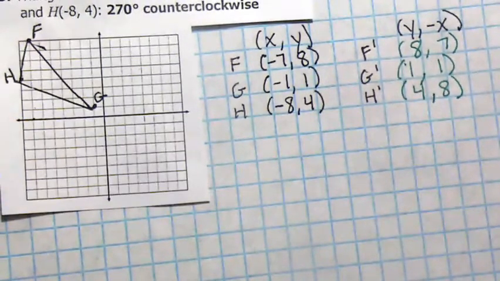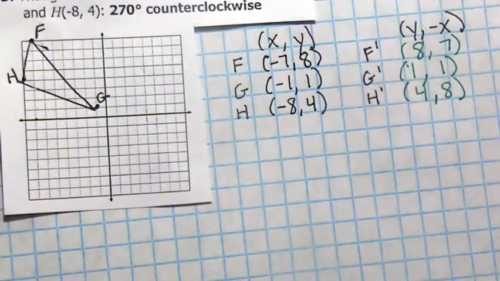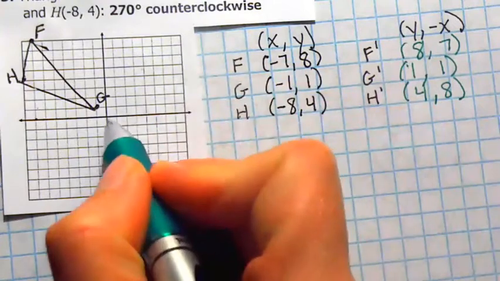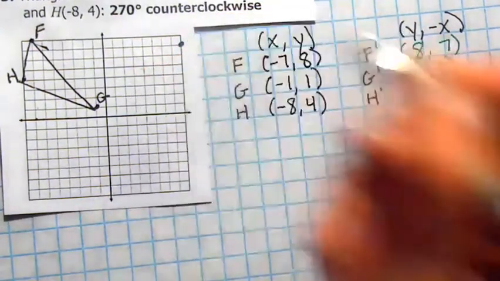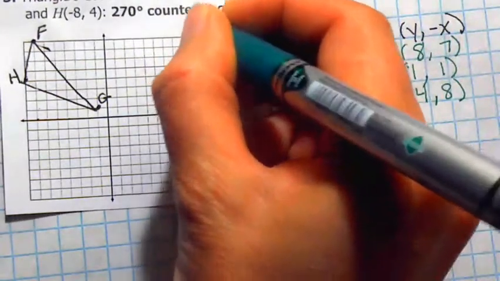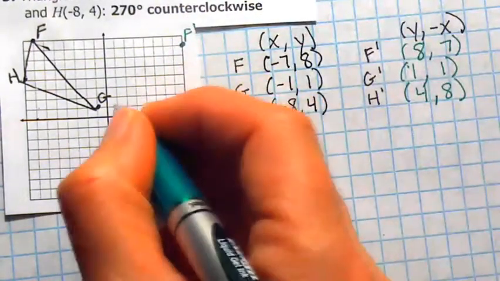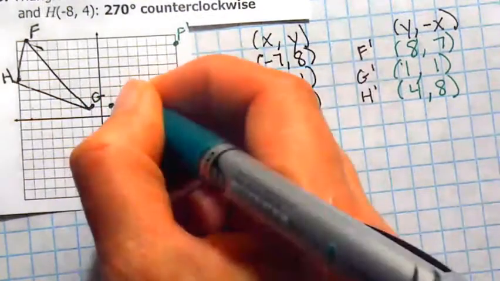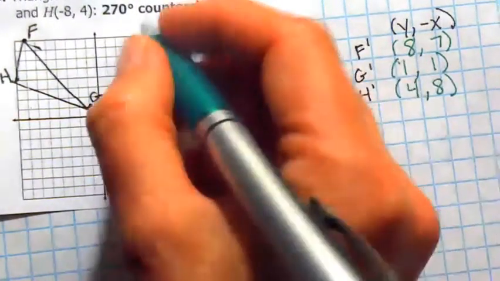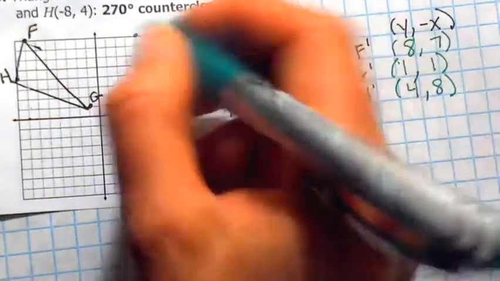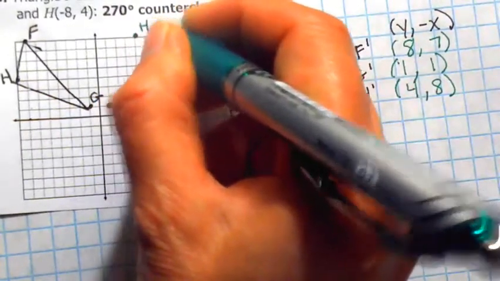So now I can go ahead and put it on my graph. I go over 8, up 7. That's my F prime. And then 1, 1 is my G prime. And my 4, 8 is my H prime.